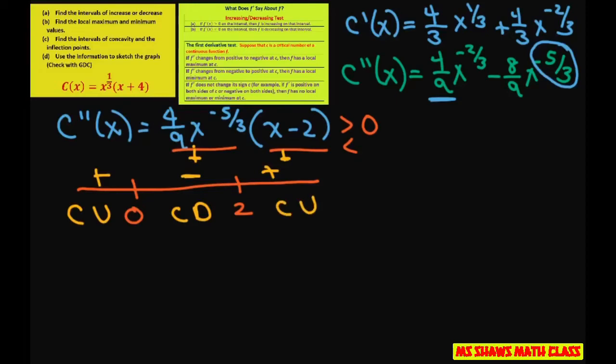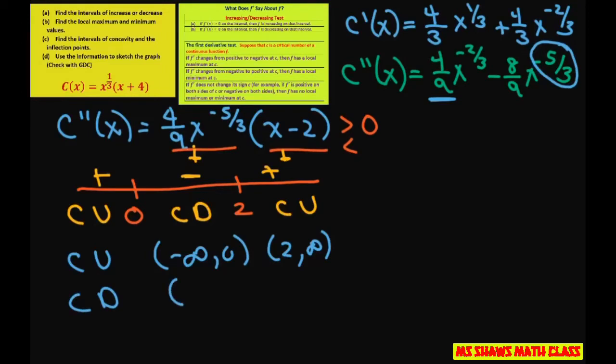So basically that means concave up is from negative infinity to 0 and 2 to infinity. Concave down is the interval 0 to 2. So basically what we want to do is check our inflection points by plugging it in. If I plug in 0 here, I get 0, 0.